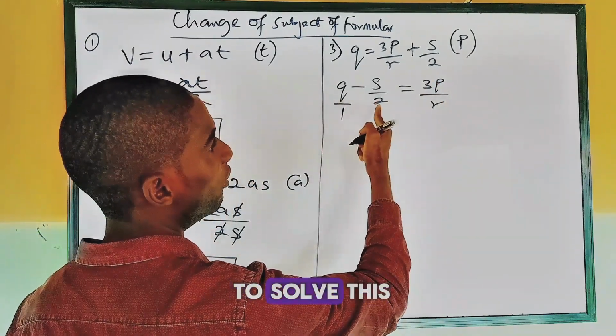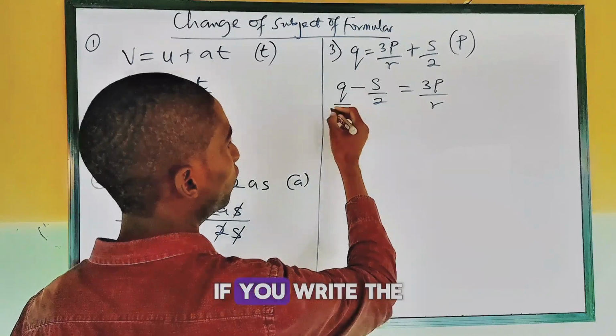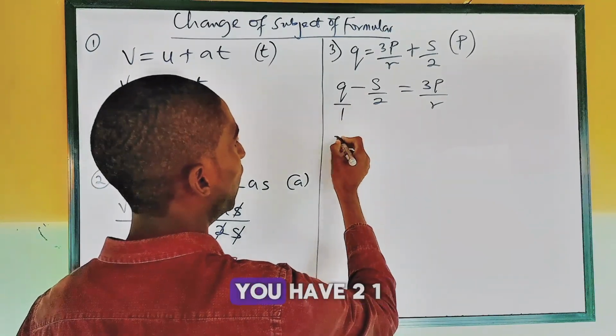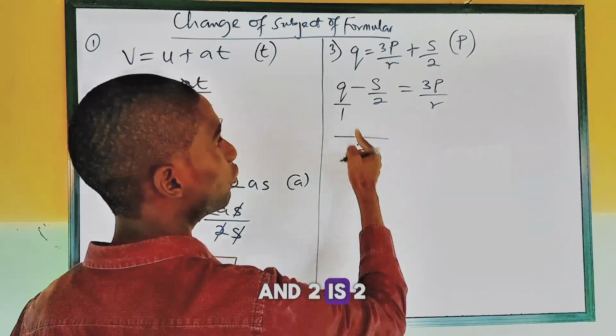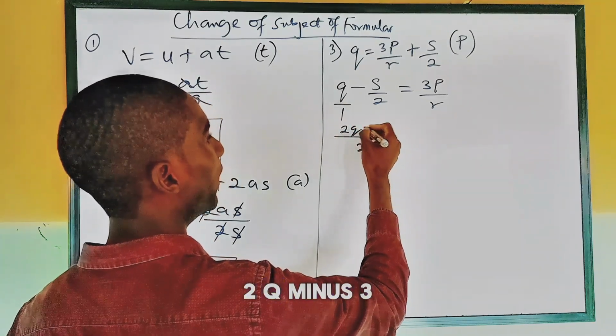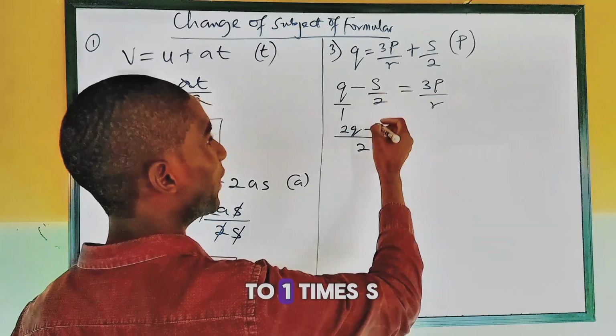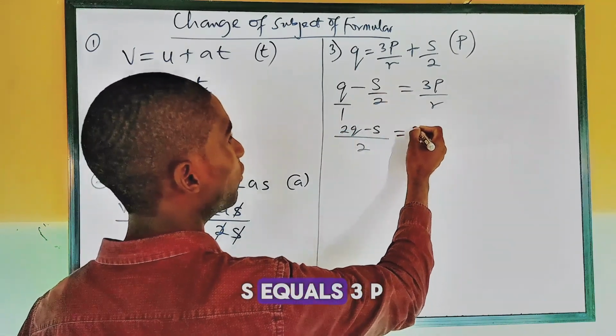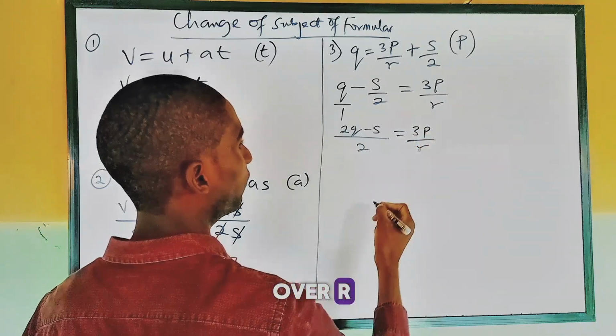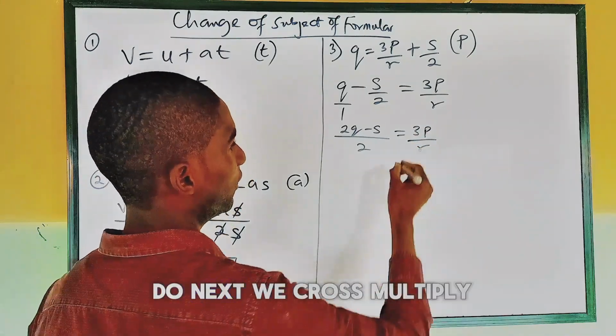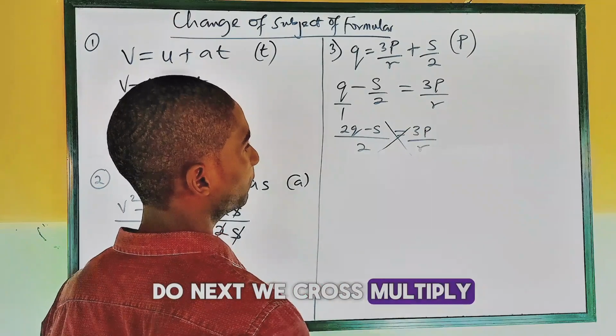We are going to have to solve this. If you find the LCM of this, you have 2. 1 into 2 is 2 times Q, 2Q minus 2 into 1 times S, all equals 3P over R. So what can we do next? We cross multiply.